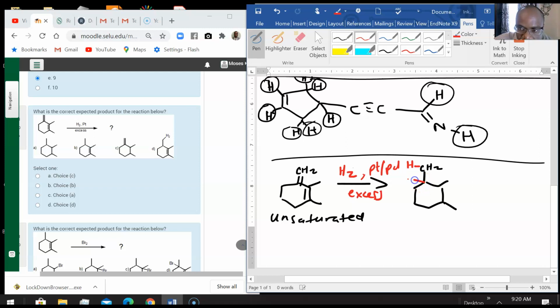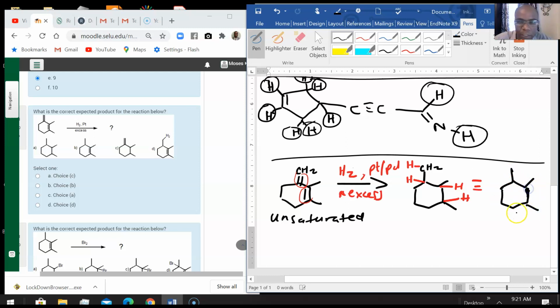So hydrogen will go there, hydrogen will go there, hydrogen will go here, hydrogen will go here, because you're adding across the double bonds. It said excess, so hydrogen goes everywhere where the pi bond was. You kill the pi bonds. So this structure can be drawn without showing the hydrogens to look like this.